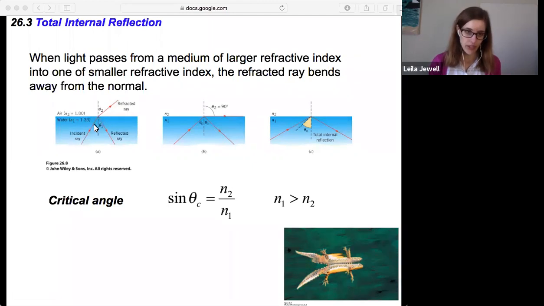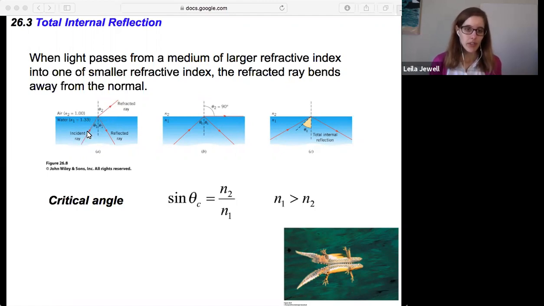But a lot of it will pass right through the interface, being the boundary between the water and the air. And as it passes into a smaller refractive index, it's going to bend away from the normal to a larger angle. This will always happen.